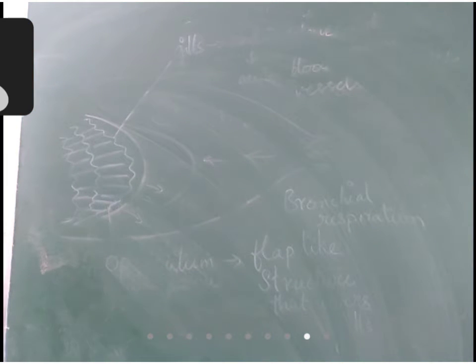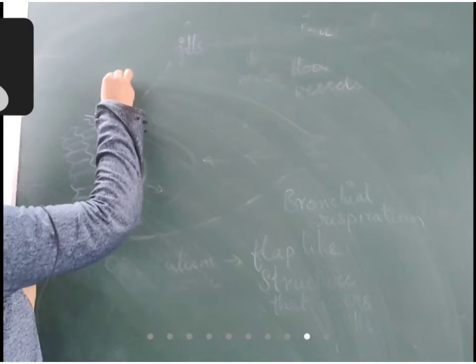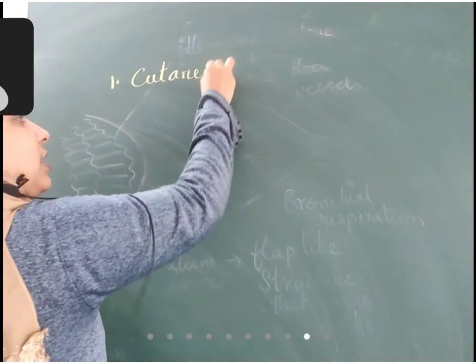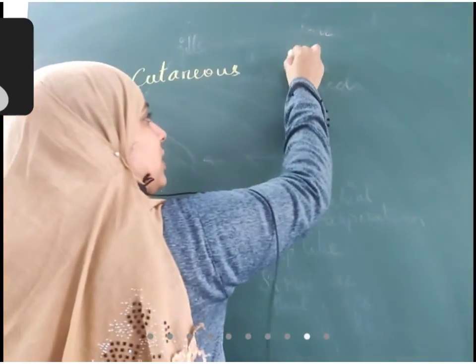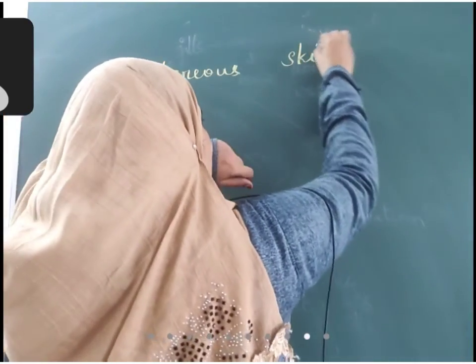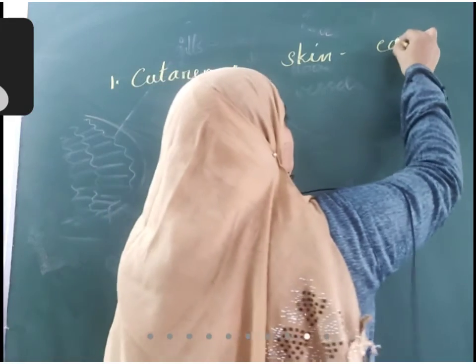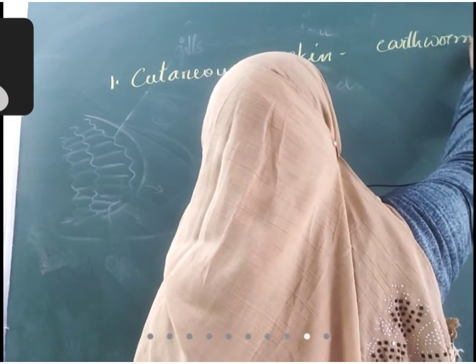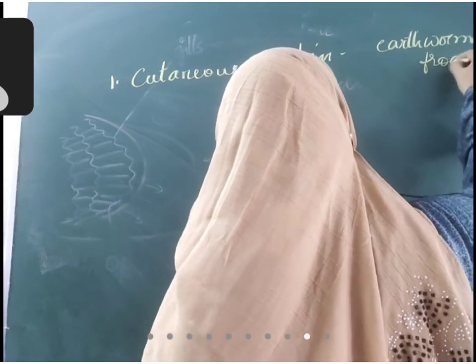Let's list out once. First type of respiration, cutaneous respiration. What is the organ of respiration? Skin. In which animals is it occurring? Earthworm, frog. Examples.